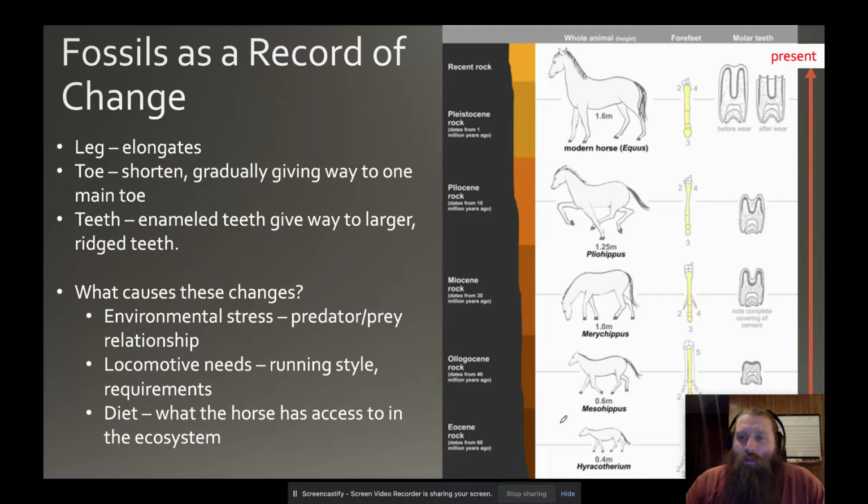Now, when we look at the fossil record, it's important that we understand that the fossils are a record of change. So in the case of the horse, we have a longer leg, all right, where before they were about 0.4 meters, so not even half a foot, to modern horses that are 1.6 meters, so that's almost 4 or 5 feet, okay?